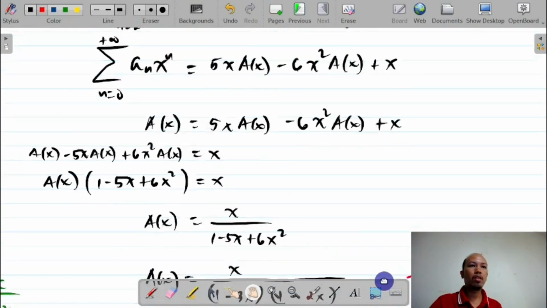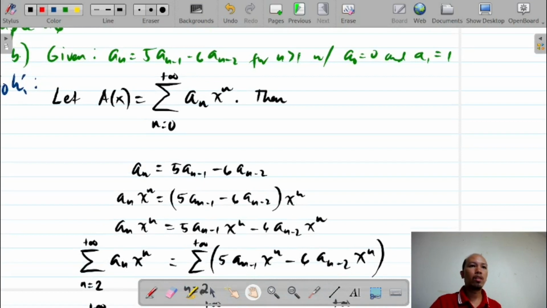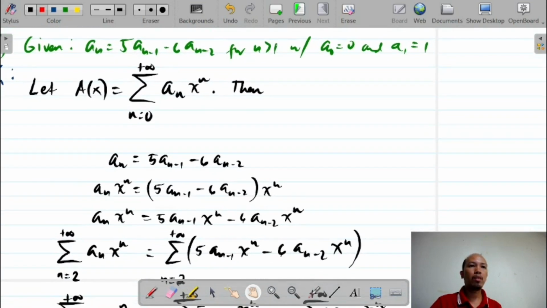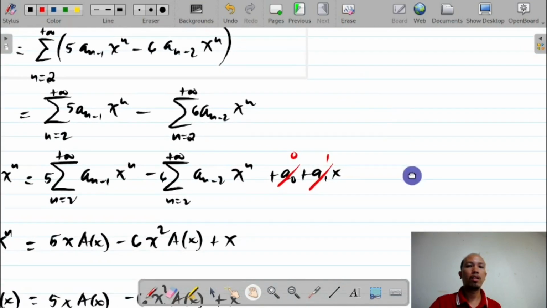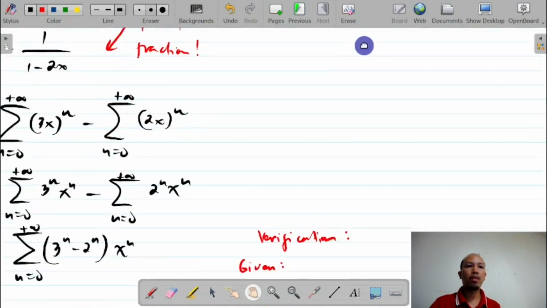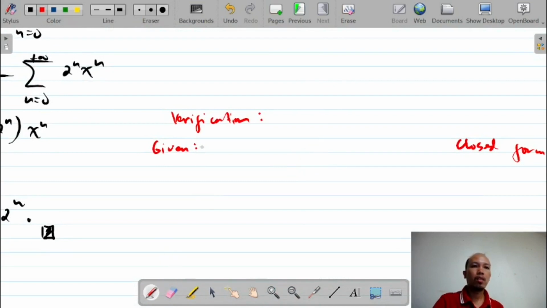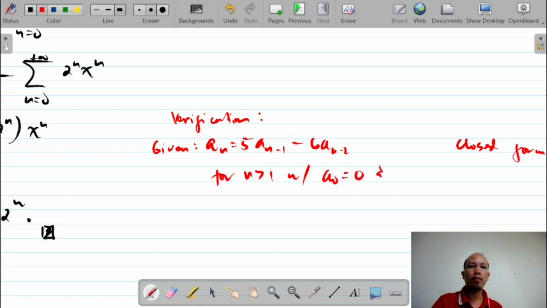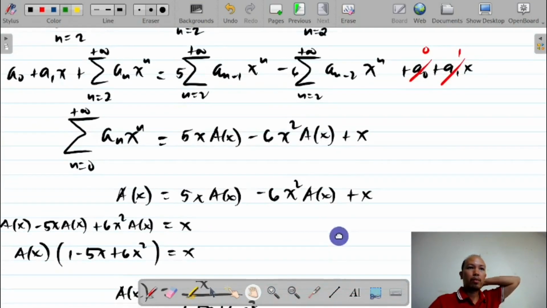Our given is a sub n equals 5 a sub n minus 1 minus 6 a sub n minus 2 for n greater than 1, with a sub 0 equal to 0 and a sub 1 equal to 1. Okay, so if you want to verify, am I right?